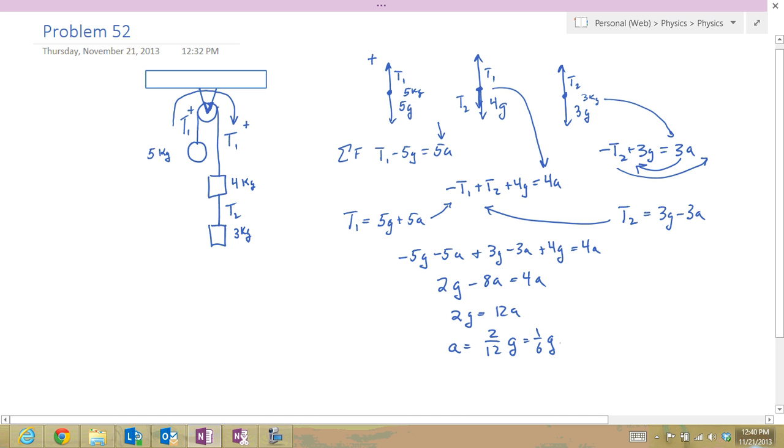I can now use that to back substitute into my T1 and my T2 expression. So that gives me T1 has to equal 5g plus 5/6 g. So this is 5 and 5/6 g in terms of newtons.